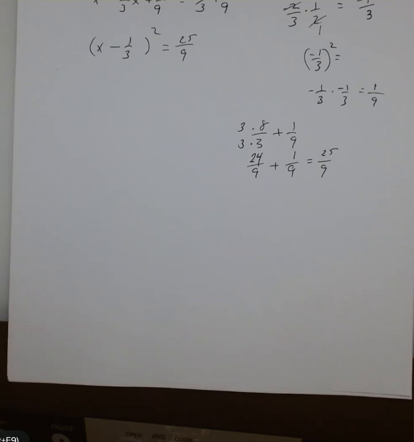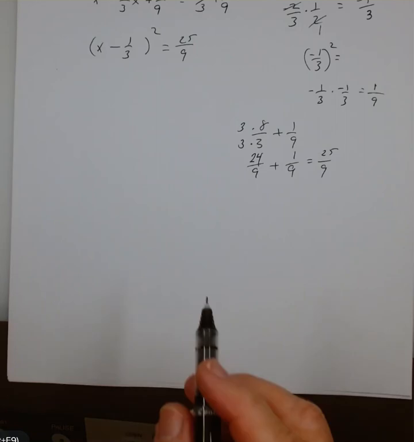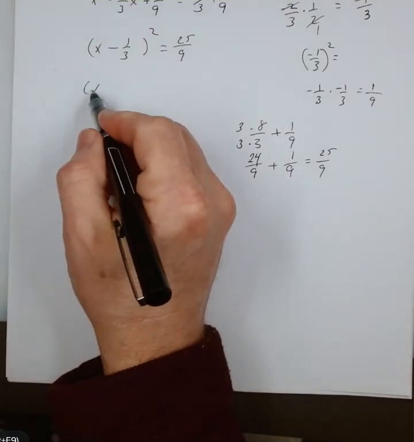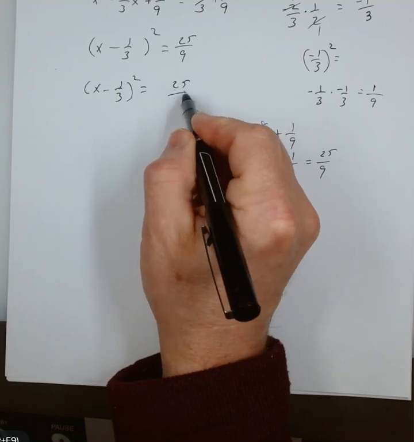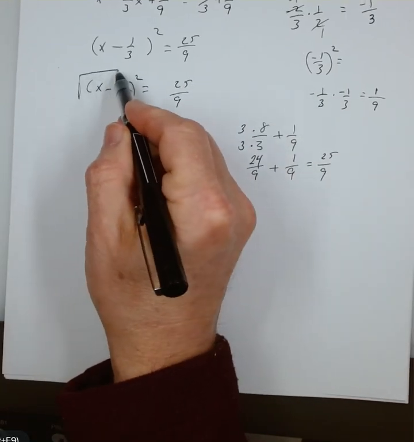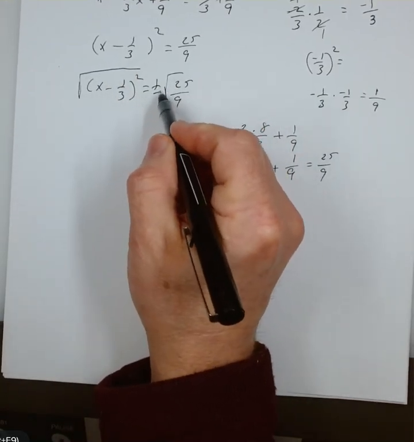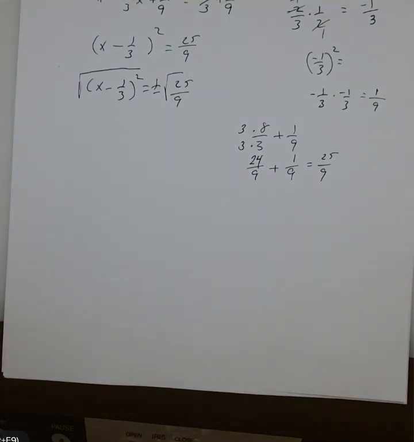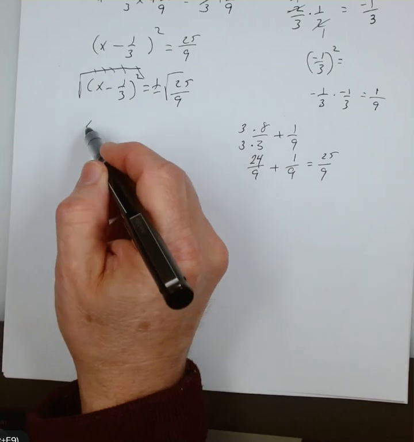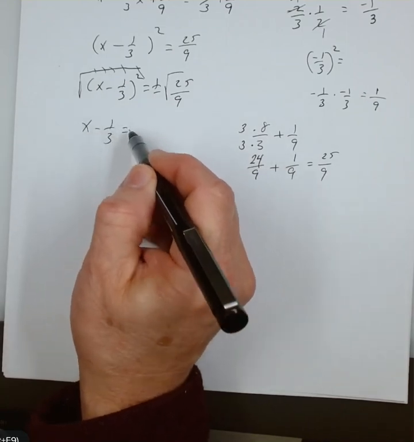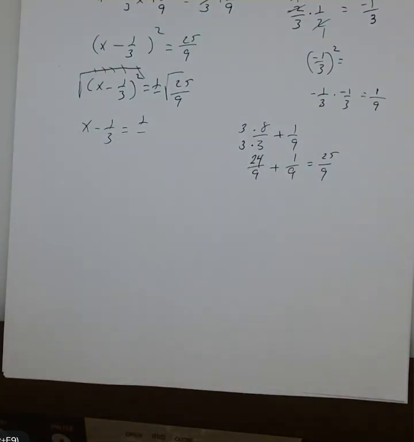Square root both sides, plus or minus. The square root and the square undo each other. You get x minus a third equals plus or minus the square root of 25/9. That fraction is nice because both the numerator and the denominator are perfect squares.